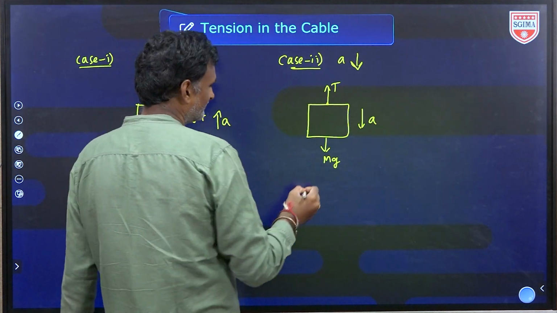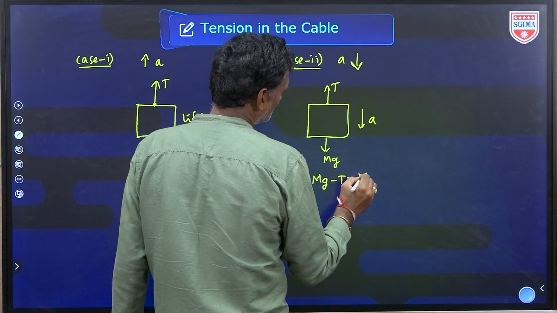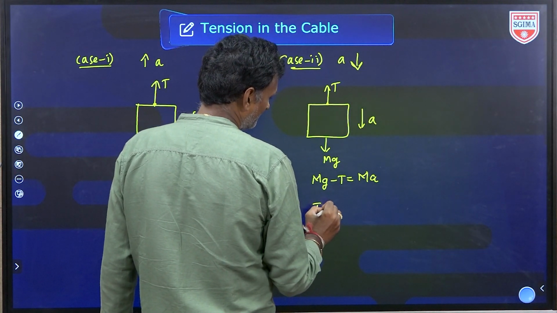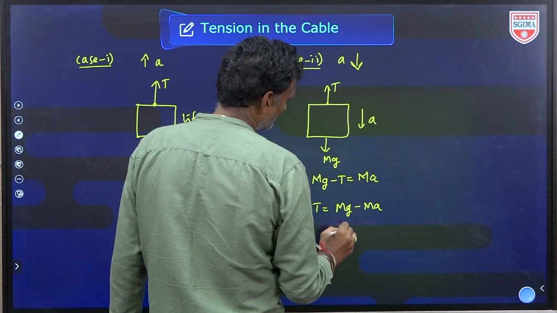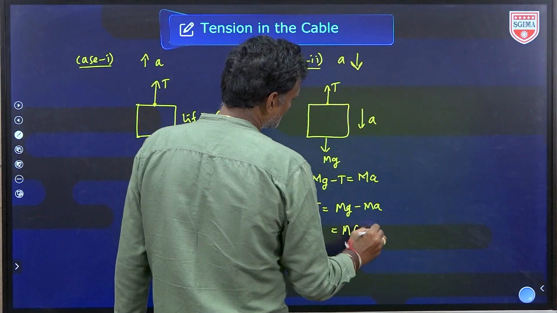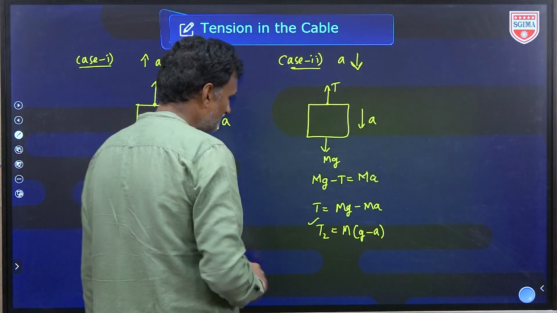So we can write the net force equation: mg minus tension equals ma. T equals mg minus ma. So here m into (g minus a). This is T2, and suppose the initial one is T1.